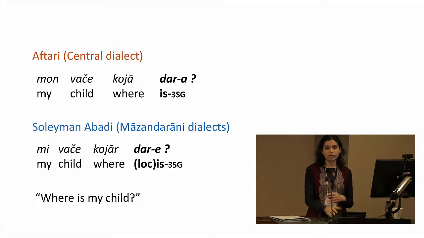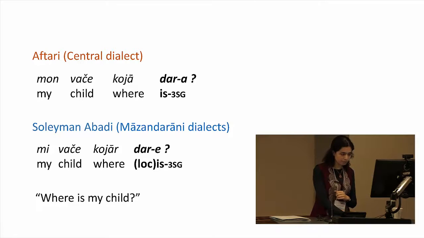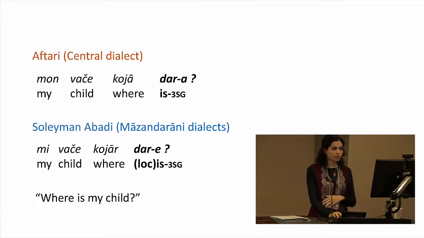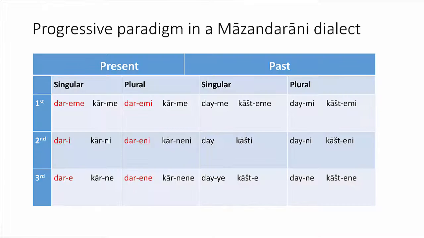So you see a phonological similarity between the present stem of locative be in these dialects and the present stem of have in Persian. So, for example, in a sentence like where is my child, they use the locative be in the present stem. Now, if we look fully at the progressive paradigm in a Mazandarani dialect, we see that they have present progressive and past progressive.